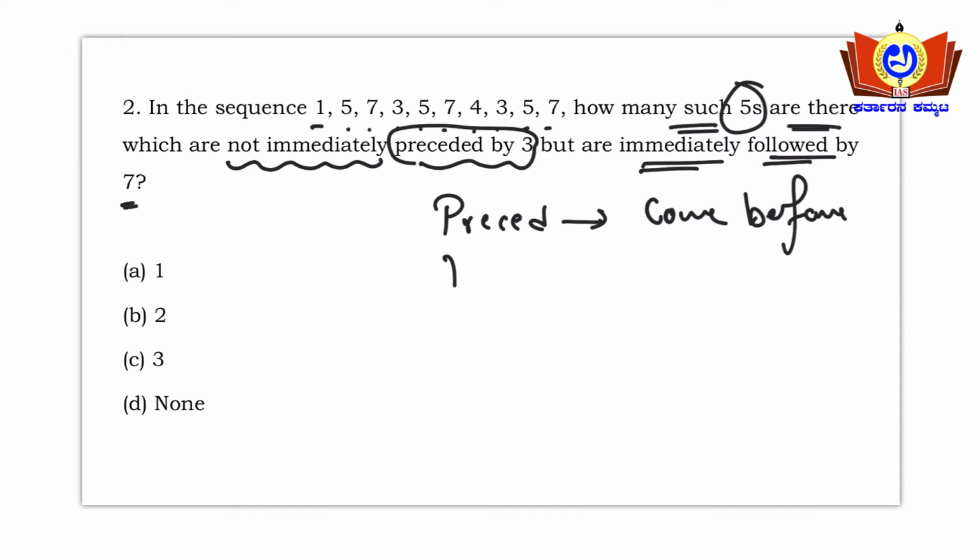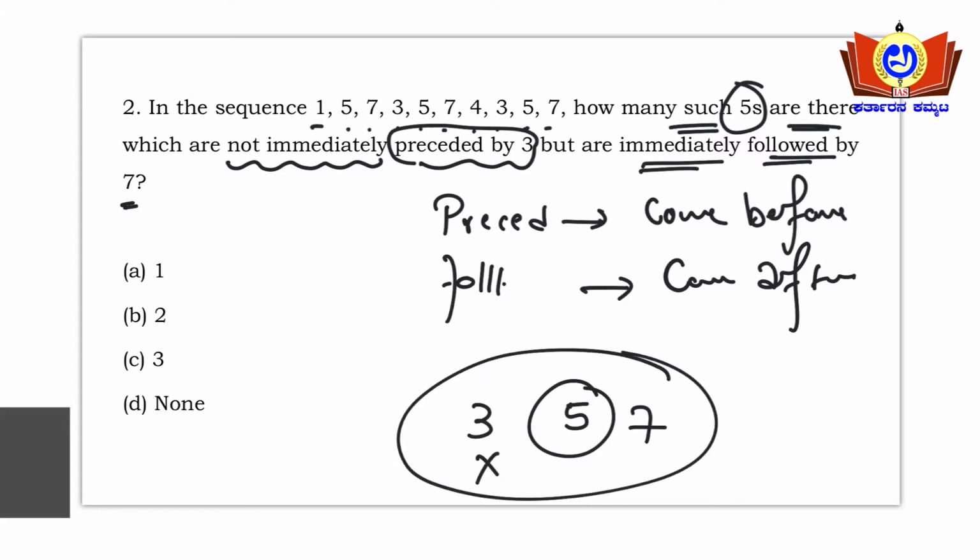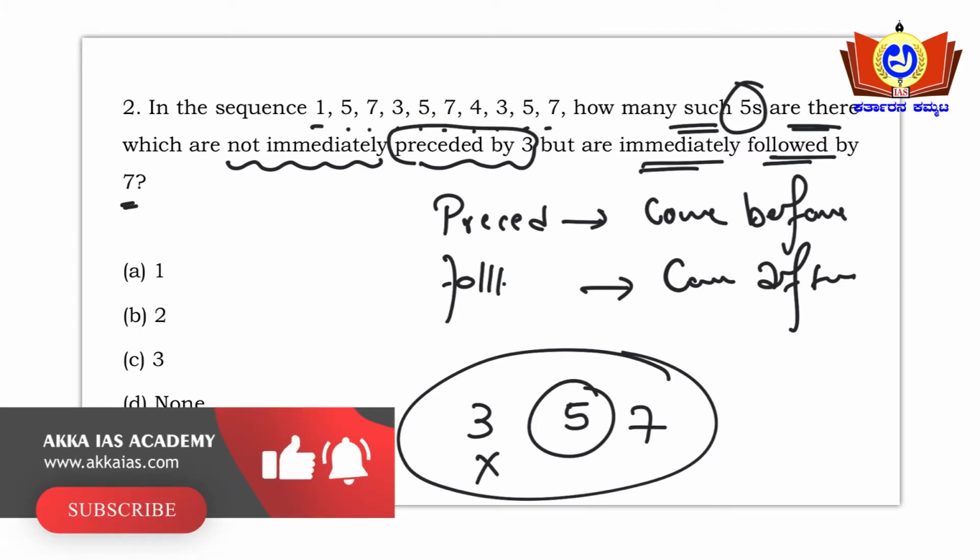Precede means come before, so it should not come after 3. Followed by means come after, so it should be followed by 7. The number after 5 should be 7, and before 5, 3 should not be there. How many such 5s are in the sequence?